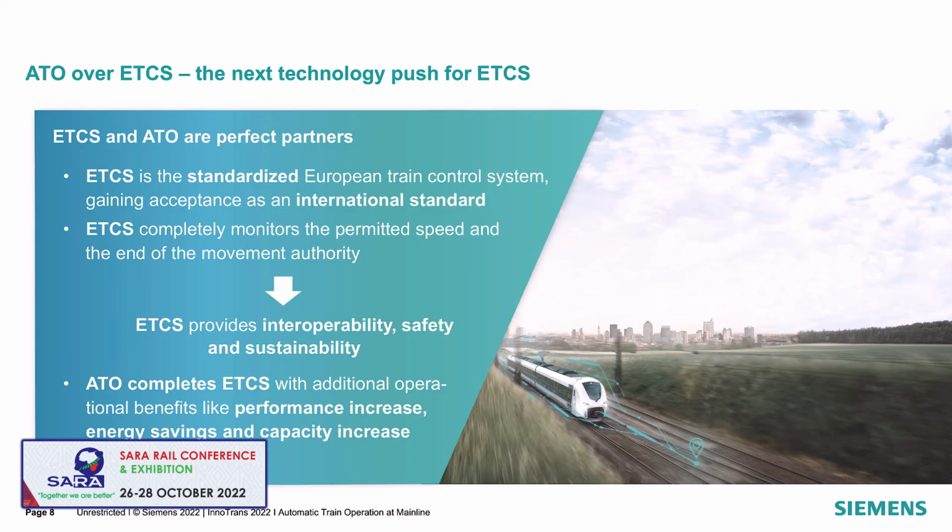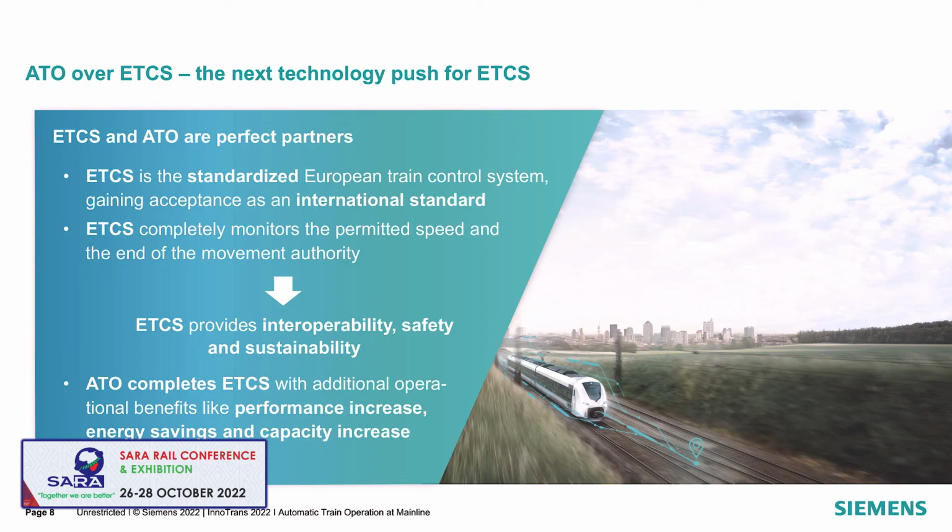When we add ATO on top, we say ATO over ETCS, which gives more performance, energy savings, and a capacity increase. This combination is even on the train a combination hardware-wise. That means the computer in the ETCS application can also deal with the ATO functionalities.